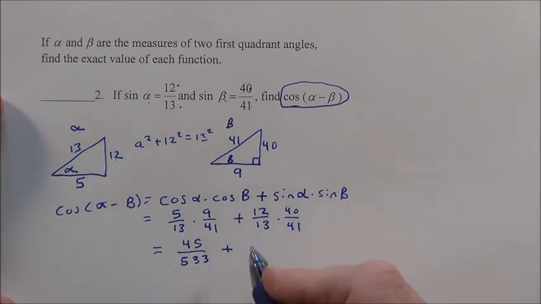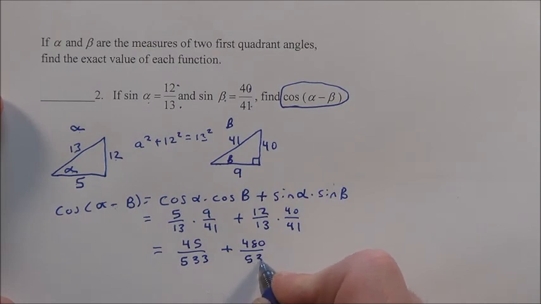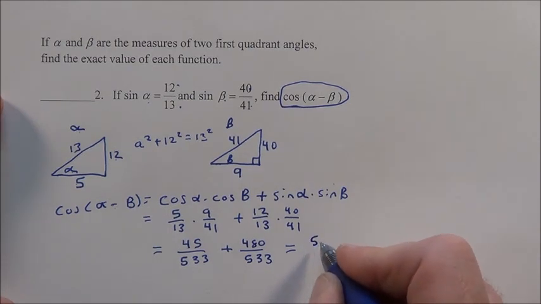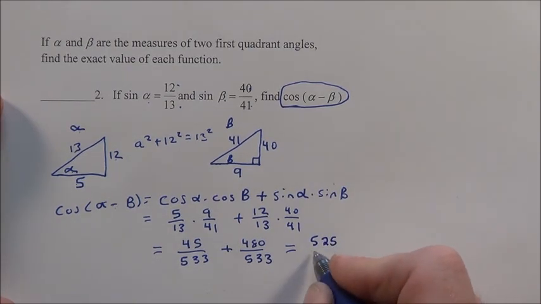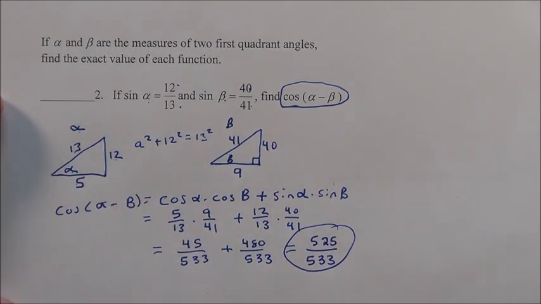Plus 12 times 40 is 480. 13 times 41, again, is 533. Add them together. 45 and 480 is 525 over, denominator stays the same, 533. There's our answer to problem 2.